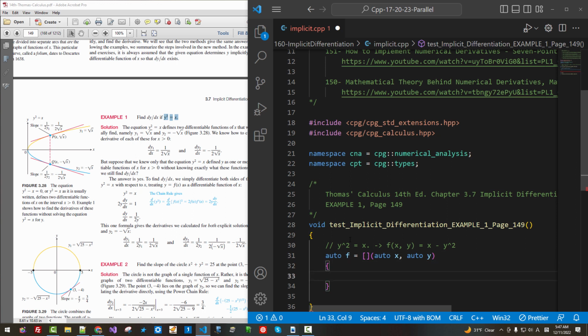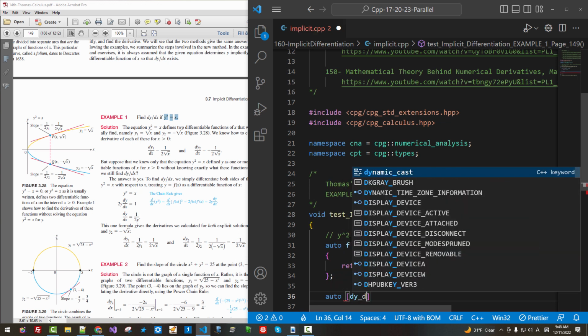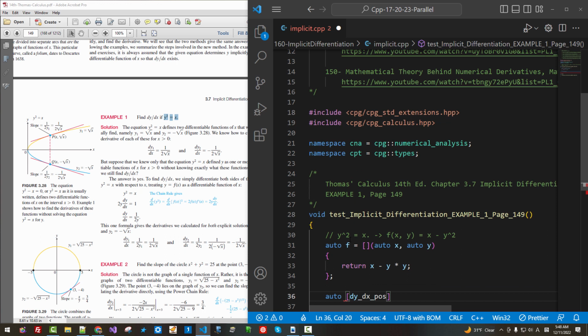So here return x minus y squared. Don't miss the semicolon. Or dy over dx equals CNA implicit derivative.